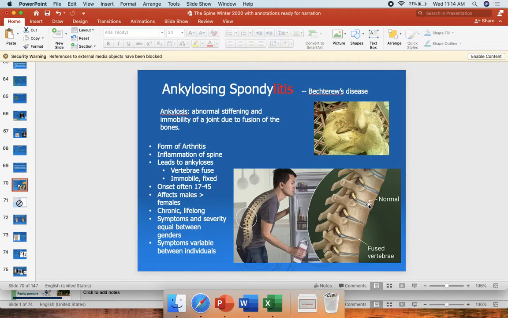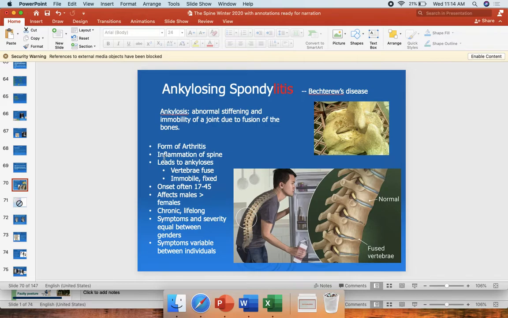The most you can hope for is that you don't increase the amount of fusing. Maybe you can try to limit the amount of fusing that's going to occur here or here. But if this person wants to gain mobility between these two spines again, they'll have to go in and do surgery and actually fracture these bones apart to gain that motion back.